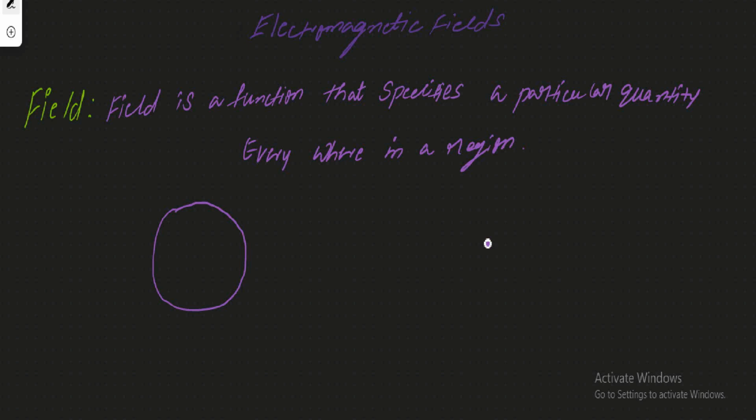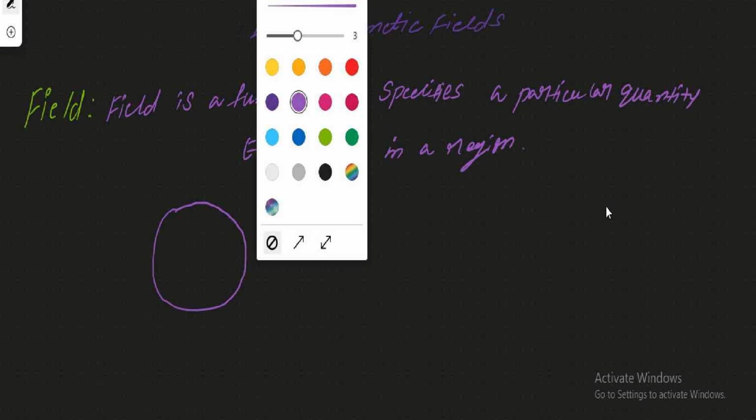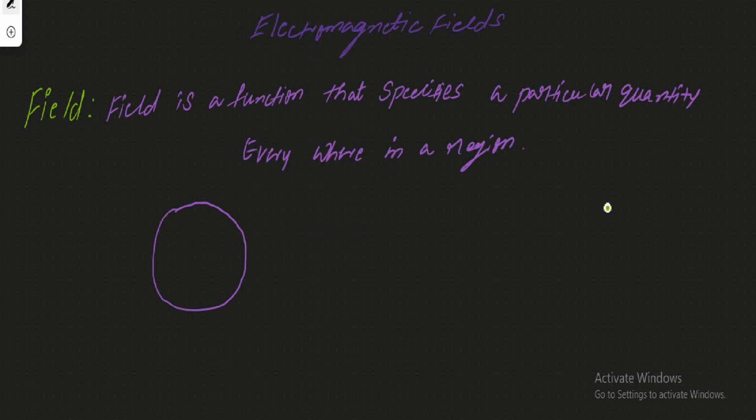So what is the electromagnetic field? An electromagnetic field is the field related to electricity and magnetics.